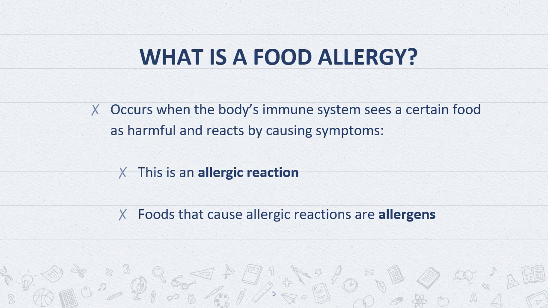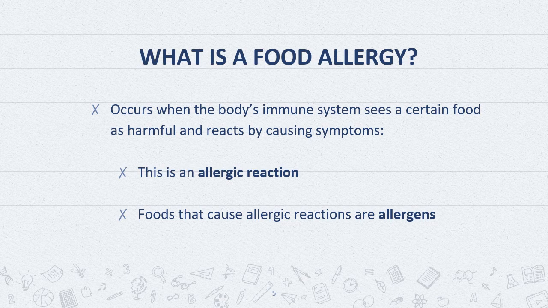What is a food allergy? A food allergy occurs when the body's immune system sees a certain food as harmful and reacts by causing symptoms. This is an allergic reaction. Foods that cause allergic reactions are called allergens.